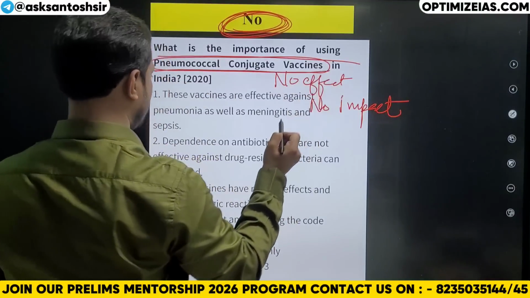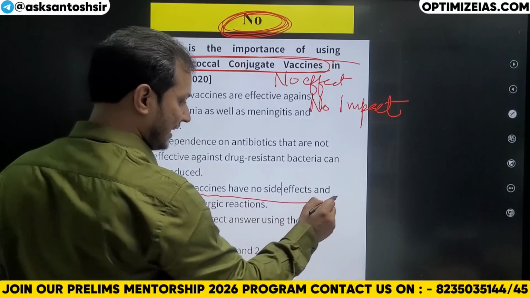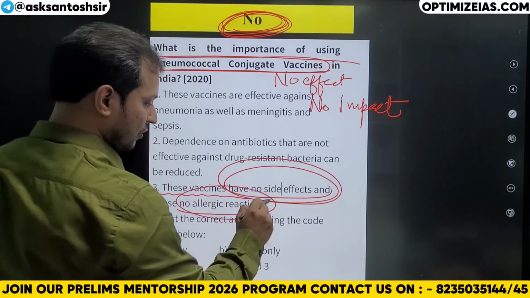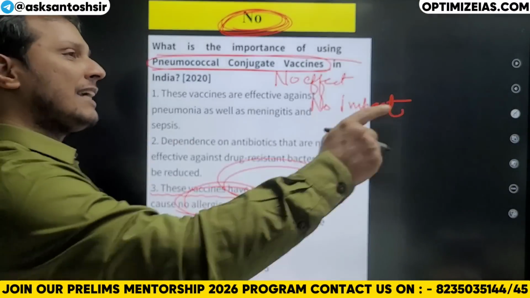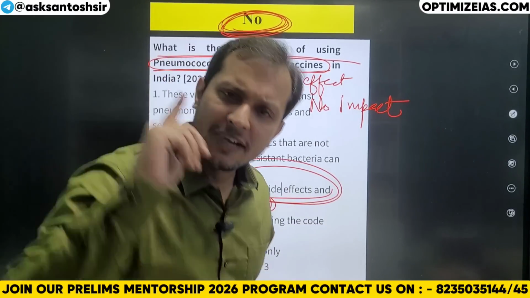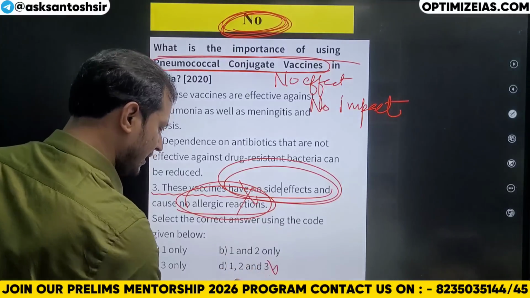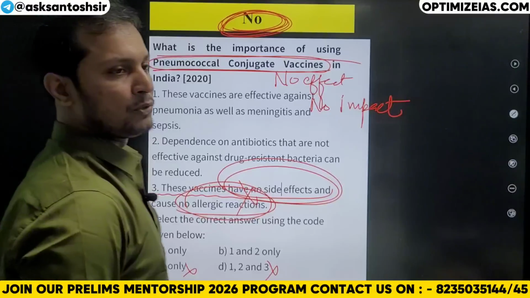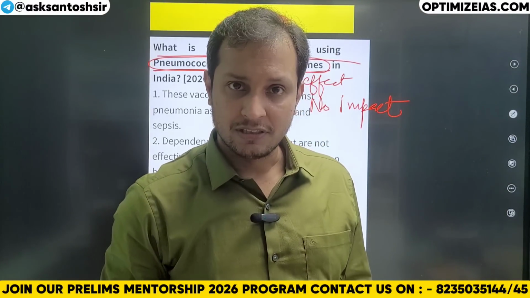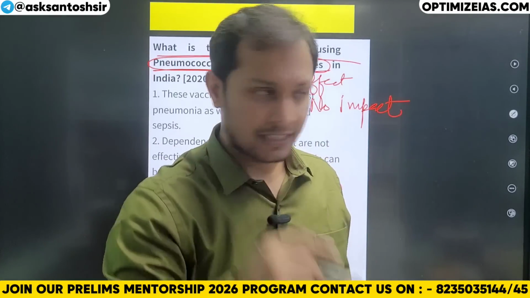If you read the statements, statement 3 says these vaccines have no side effect, cause no allergy. No side effect, no allergy, does not have any effect, does not have any impact. Whenever you come across this, eliminate that. I hope you get it. In any science and tech or environment question, does not impact, does not affect, eliminate that.